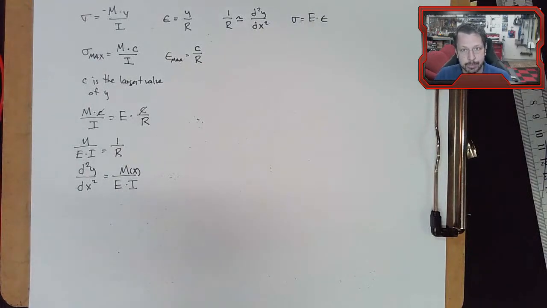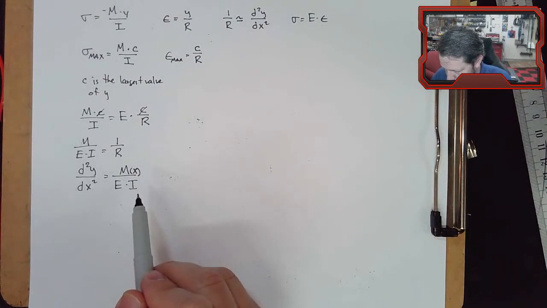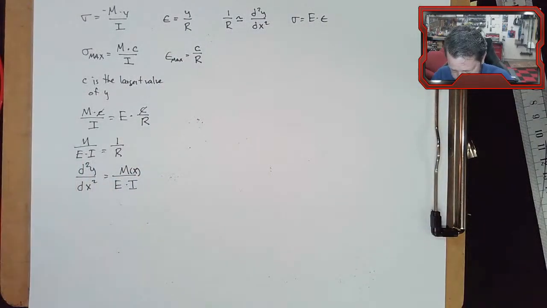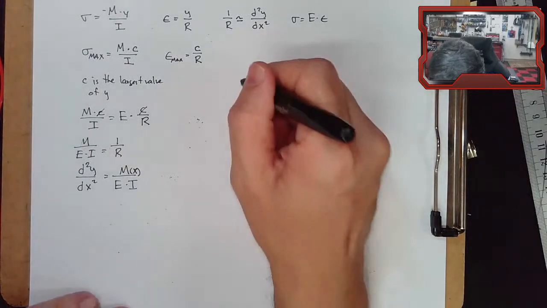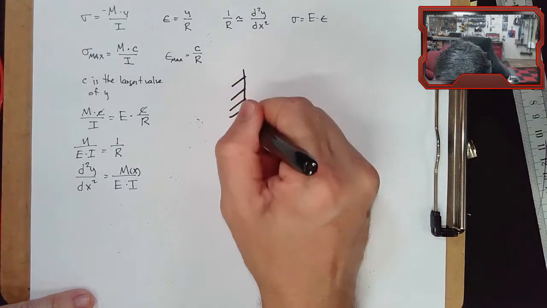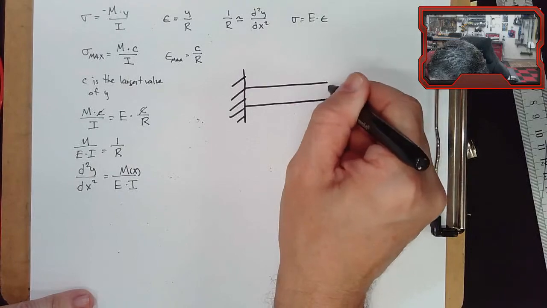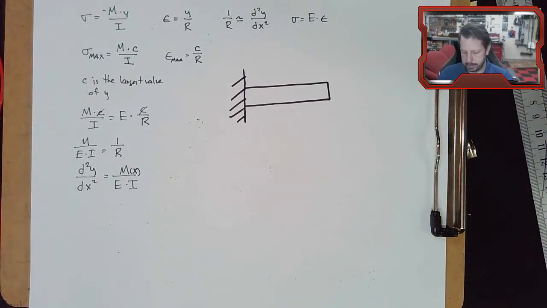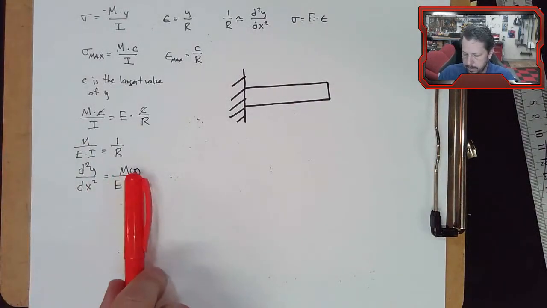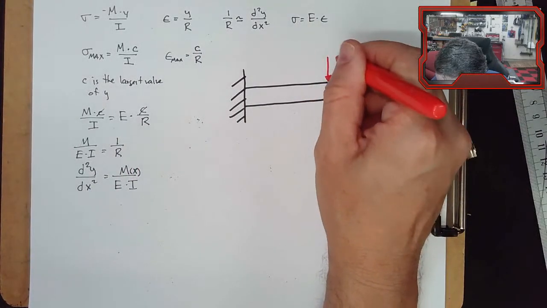So we need to draw a beam that we want to do some calculating on, to figure out the equation of the elastic curve. Let's put that right here, just to keep on our page. I'm going to do a cantilever beam because the point that we're about to do now isn't necessarily the beam, it's the moment as a function of x inside the beam.